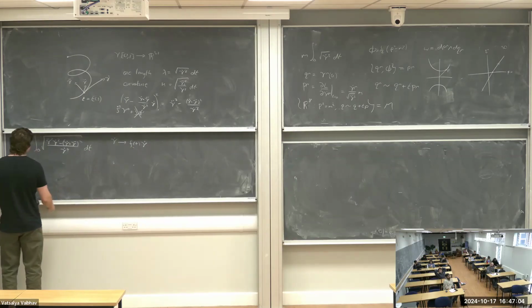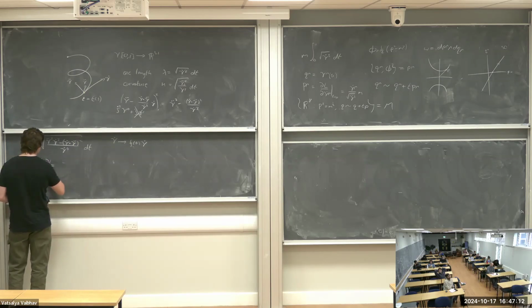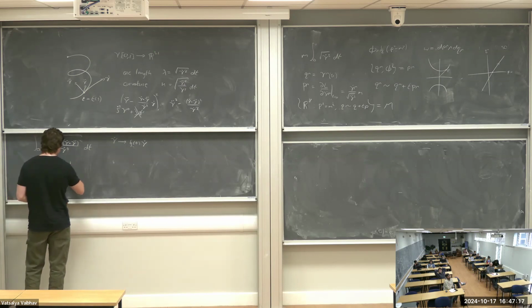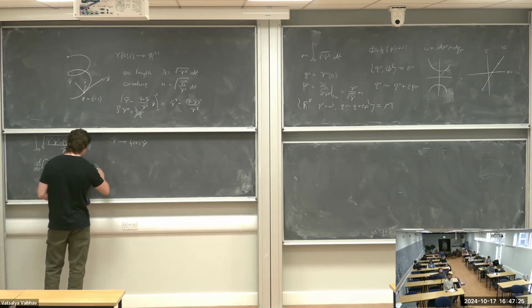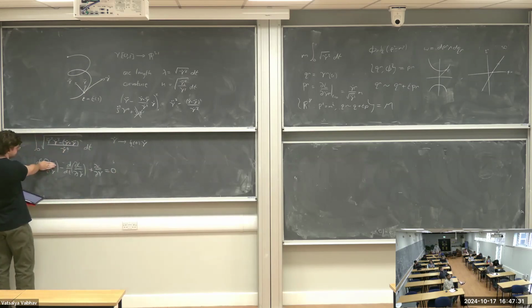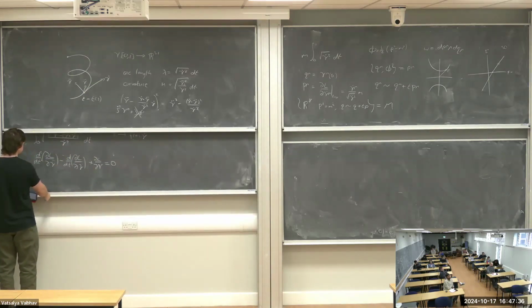So my Euler-Lagrange equation is going to look like d squared dt squared dL d gamma double dot minus d dt dL d gamma dot plus dL d gamma is 0. So without this term, this would just be the usual Euler-Lagrange equation. But from this, you can kind of guess at what the momentum should be. So from these first two terms, I can factor out the d dt.